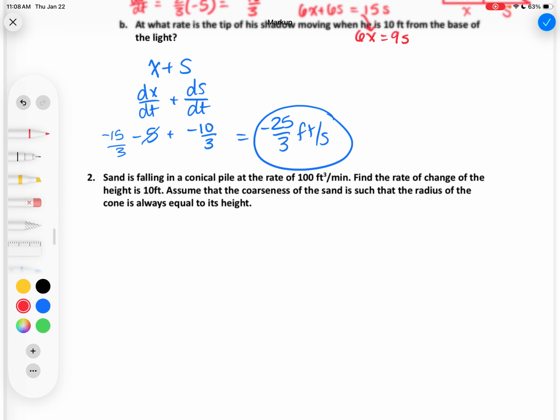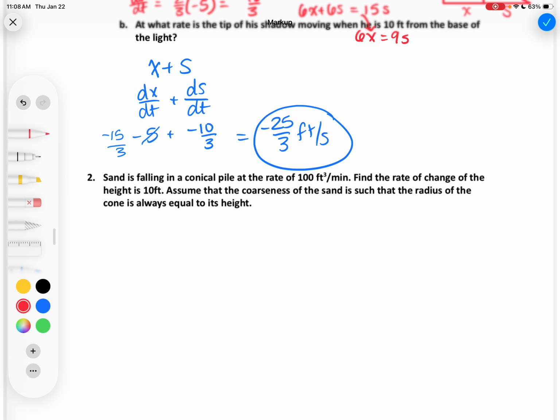Sand is falling in a conical pile at the rate of 100 feet cubed per minute. Find the rate of change of the height, if the height is 10 feet. Assume that the coarseness of the sand is such that the radius of the cone is always equal to its height.